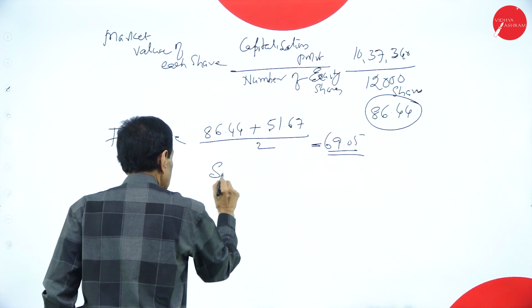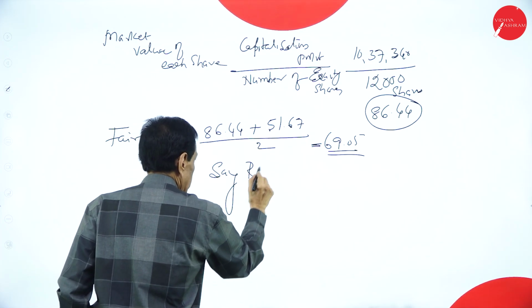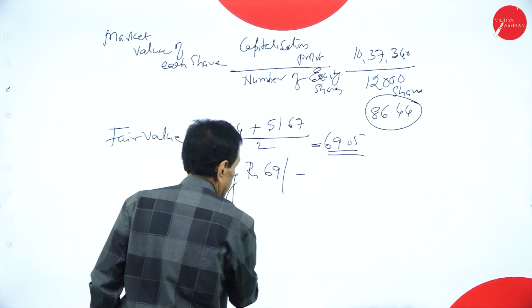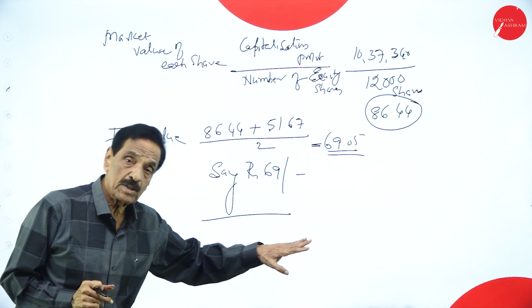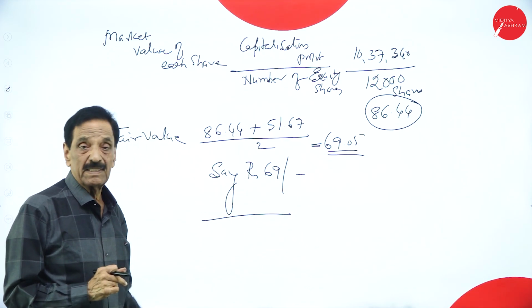Say ₹69 per share value. So both the method, add both the method answers divided by 2, that is the fair value.